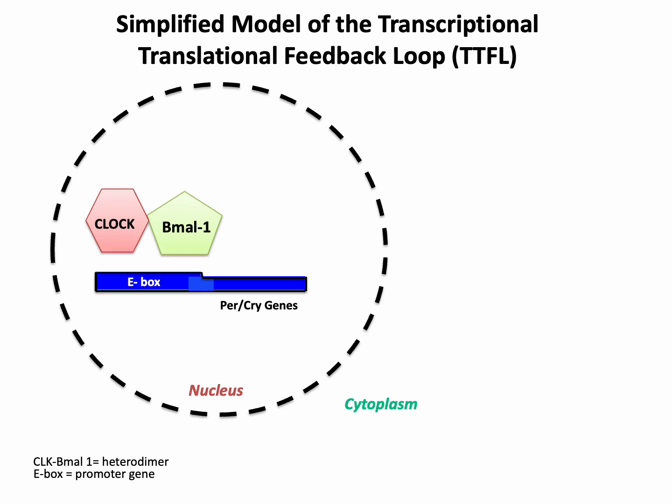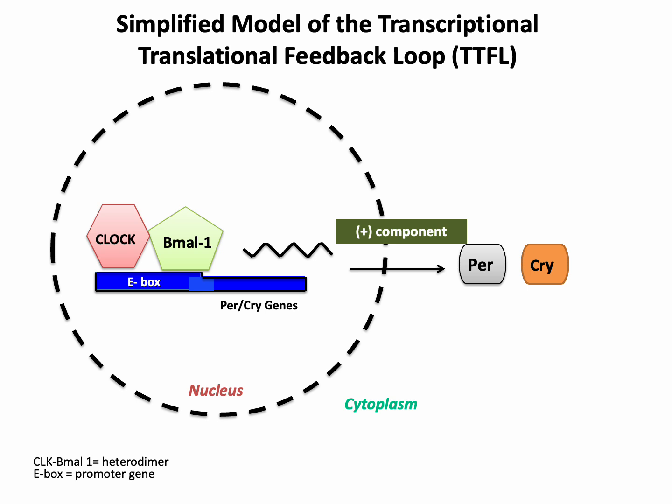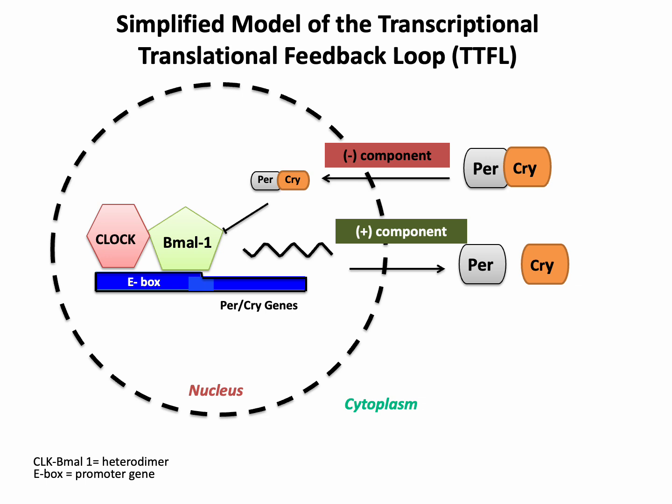So, in summary, the binding of the CLOCK-BMAL1 transcription factor complex to the E-box, and the transcription and translation of PER and CRY, comprise the positive component of the loop, while the PER and CRY complex is the negative component of the loop. That is why this is called a transcriptional translational feedback loop.